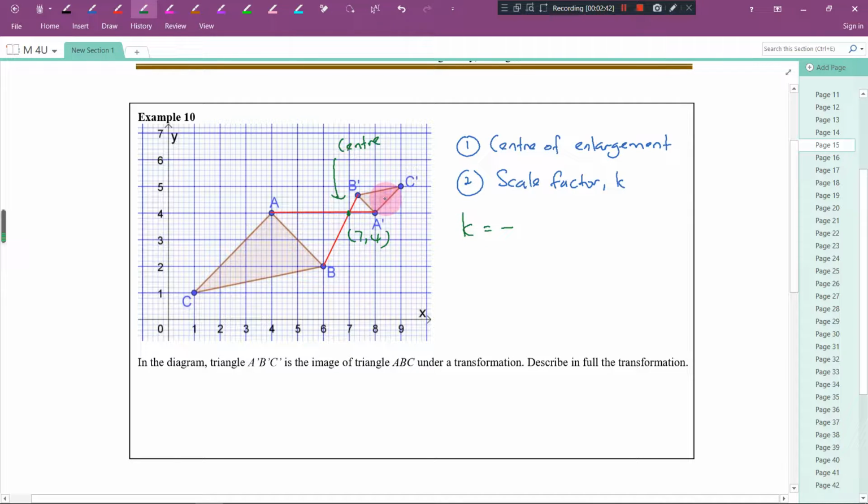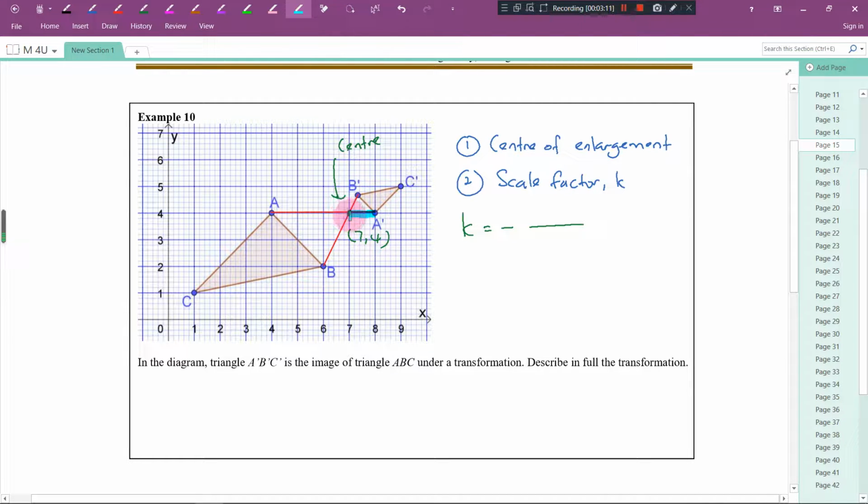Okay, so here are a few ways that we can use to help us to get the scale factor. So some students might use this way. So remember, image on the top and object at the bottom. You can use this method: from the center to one of the vertices of the image.